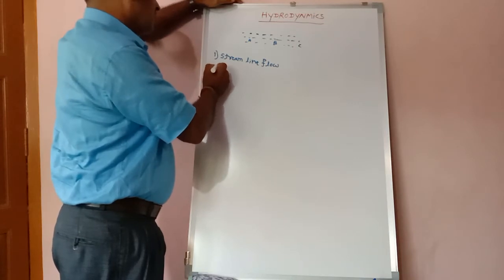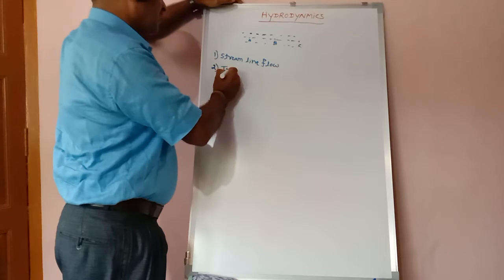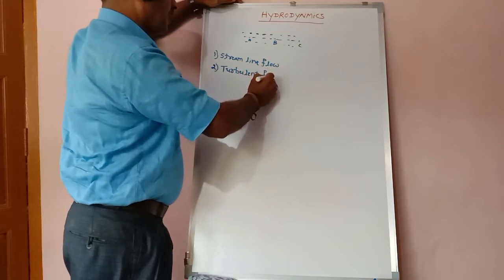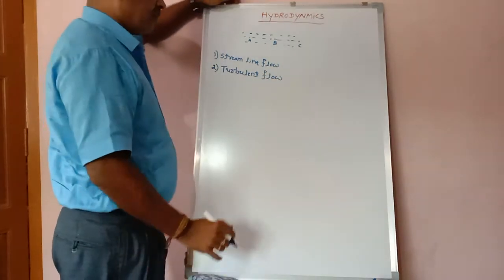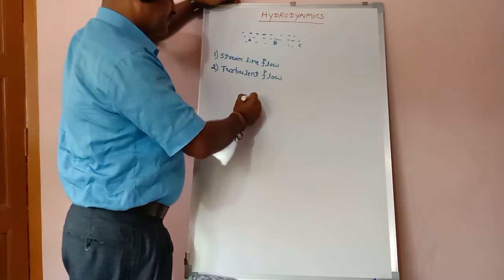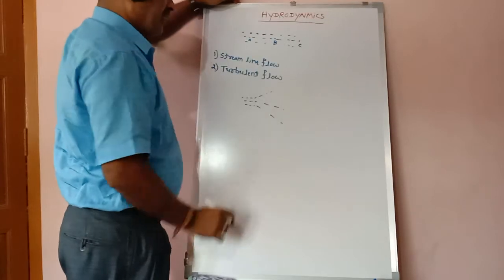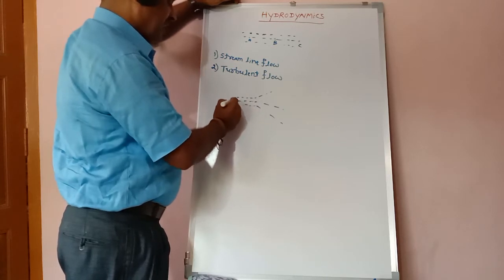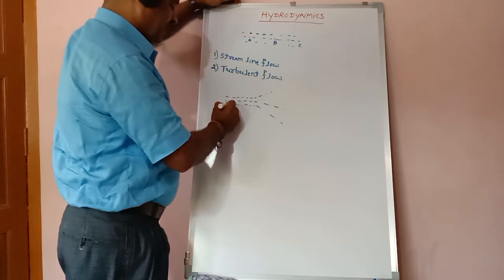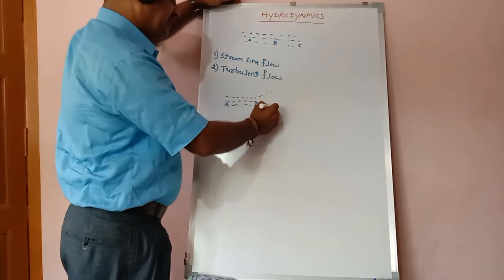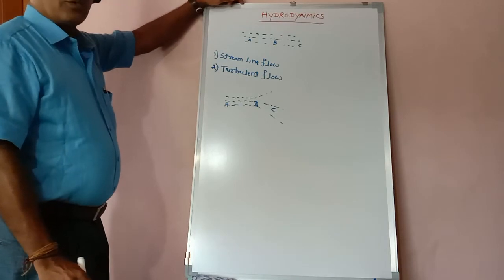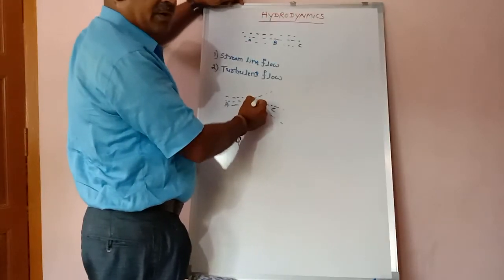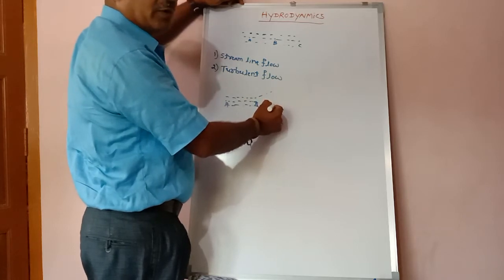And the second one is turbulent flow. In turbulent flow, suppose you take point A, point B, and point C. The velocity of the fluid is not the same. At point A the velocity of the fluid is different, at point B it is different, at point C it is different.